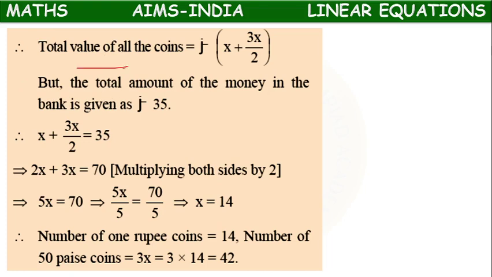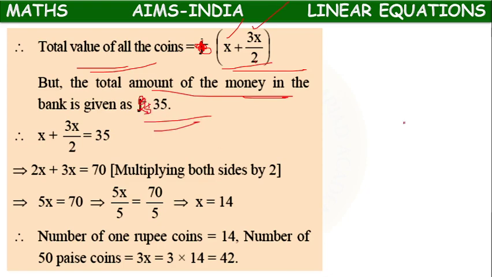Now the total value of all the coins: one is x, another is 3x by 2, so x plus 3x by 2. But the total amount of money in the bank is given as rupees 35.